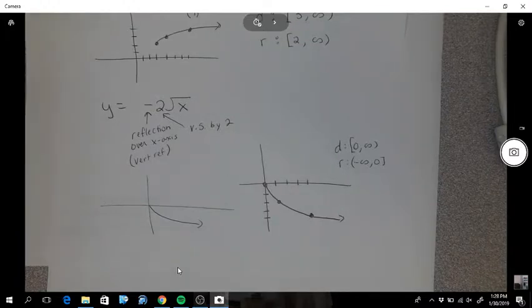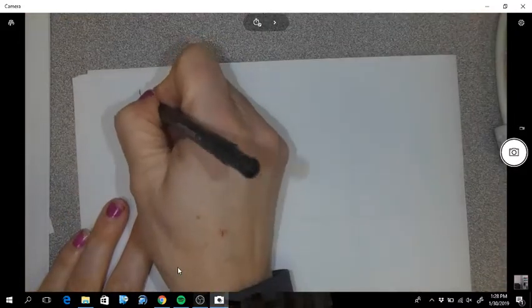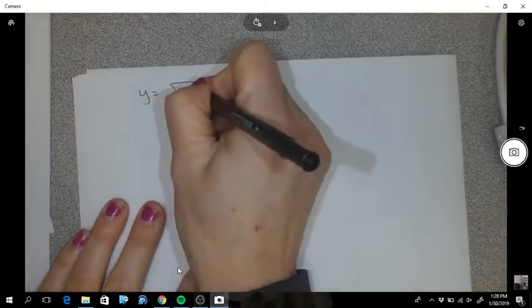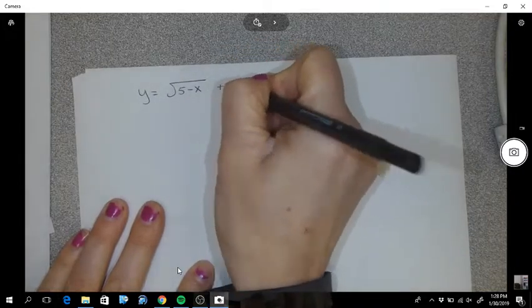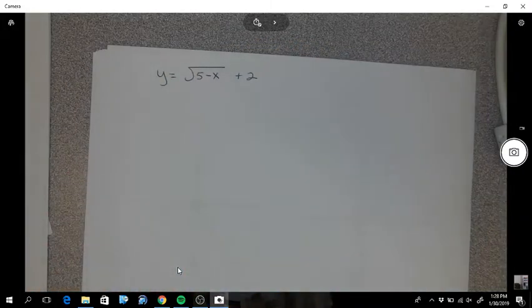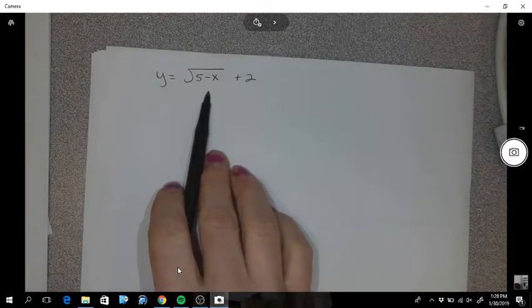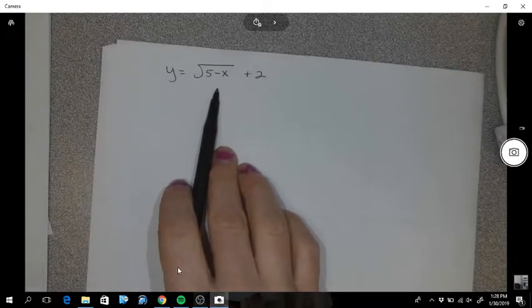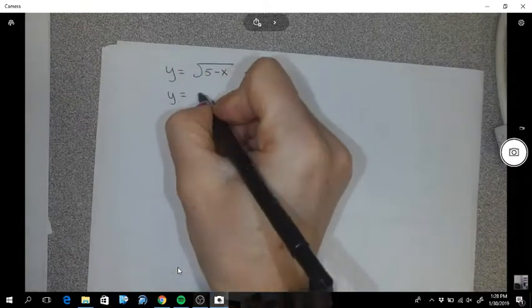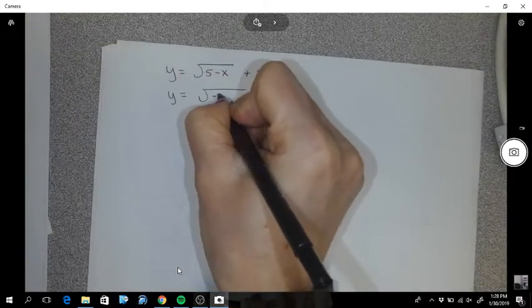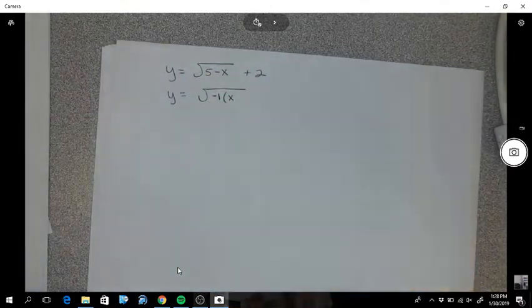Okay, let's do another one here. Y equals the square root of 5 minus x plus 2. Okay, now this is a little bit tricky because I like this represented with my x, and in order to have that, I actually have to factor out a -1. So I'm going to go -1, and now this can become an x.